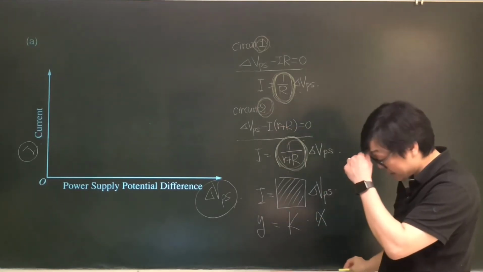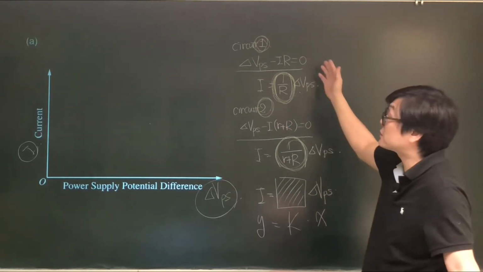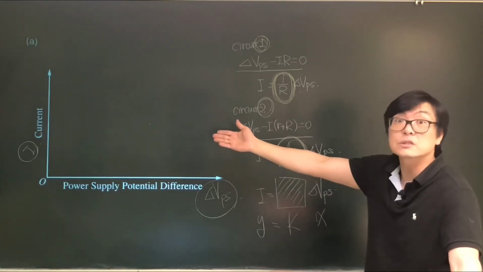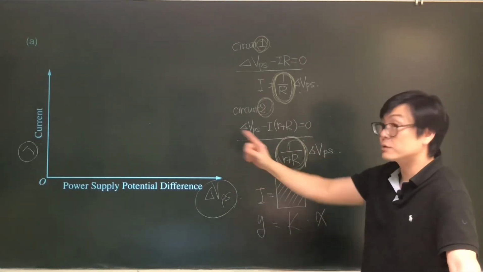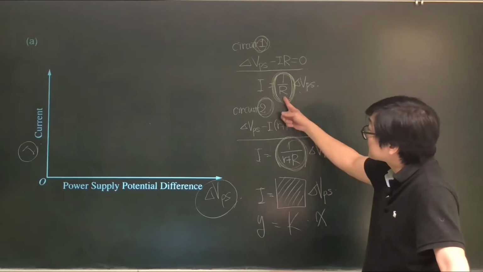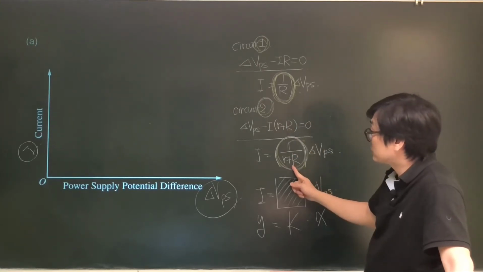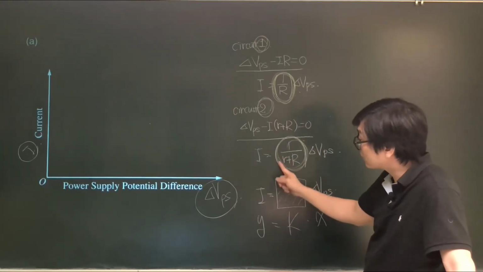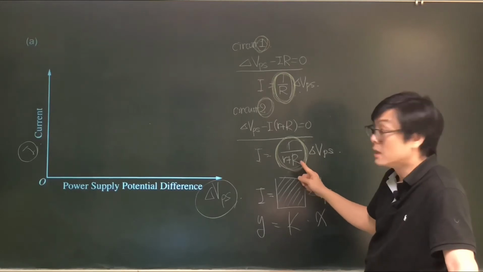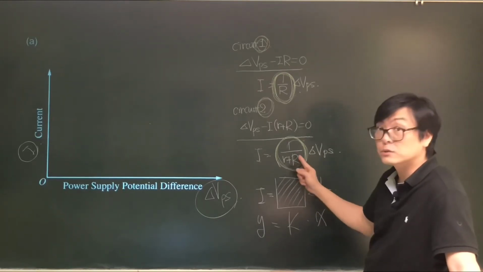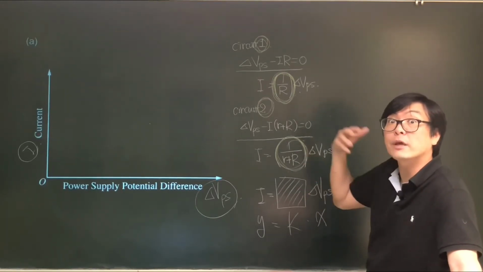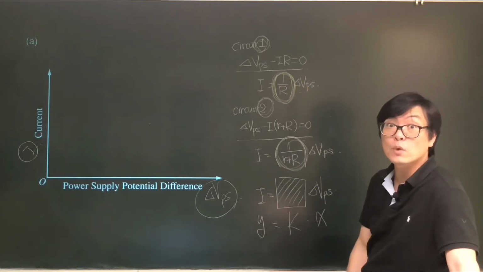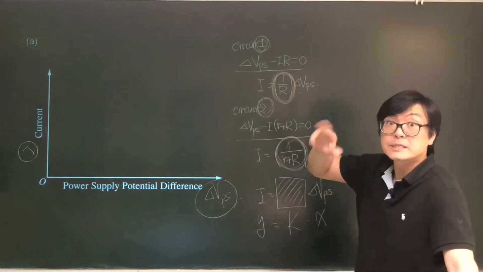Now it's very easy. We found this is a linear relationship, so we draw a straight line passing through the origin. This one's slope is 1 over R, this one is 1 over (R plus r). We have an additional small r on R, so the total resistance of circuit 2 is greater than the total resistance of circuit 1. And their slopes are reciprocal.